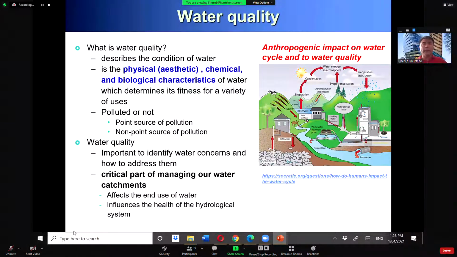Based on water quality, you can also determine whether the water is polluted or not polluted. We also looked at different sources of pollution, the point source and the non-point source. Point sources are those that you can see, where you can determine the exact location of the pollution. A very good example is wastewater discharge points, industrial wastewater discharge points.